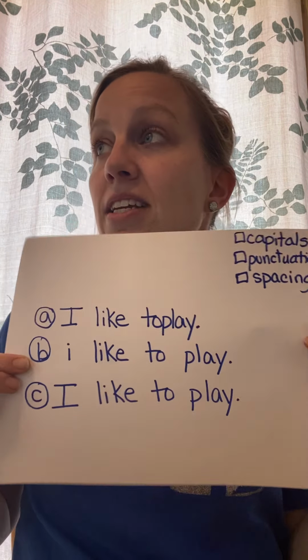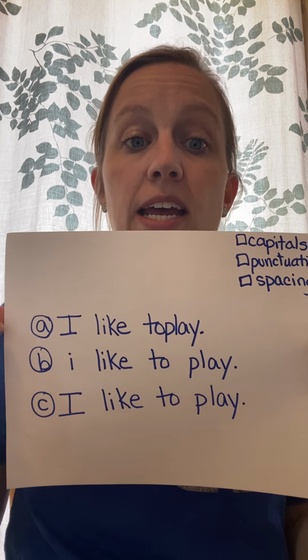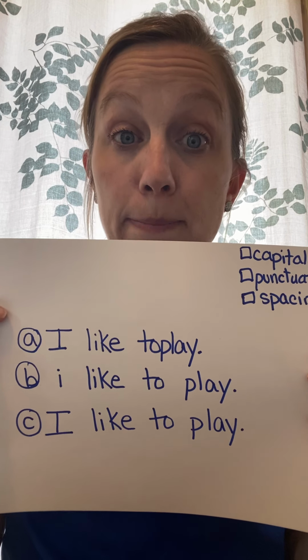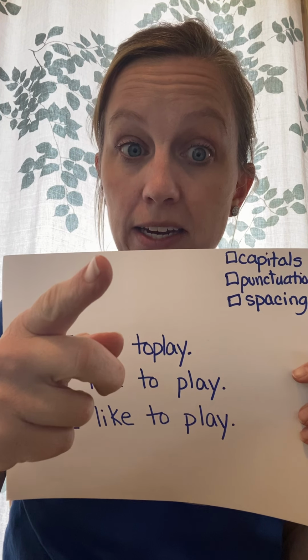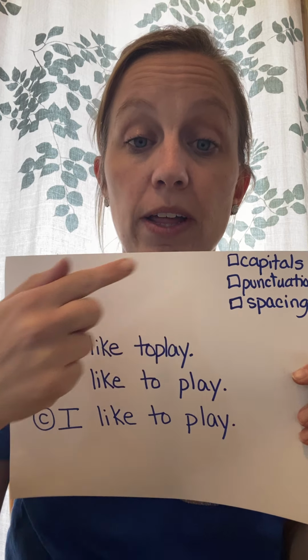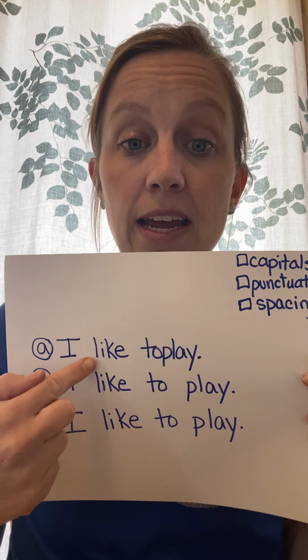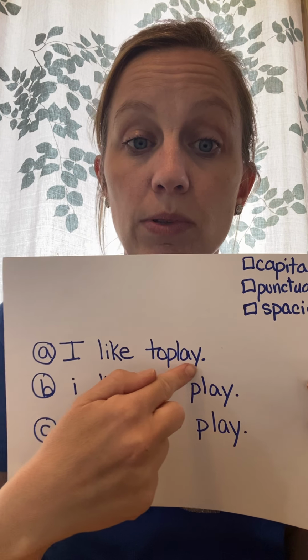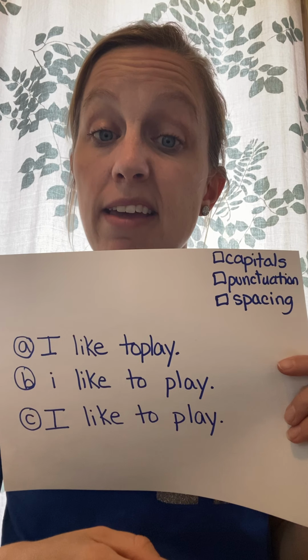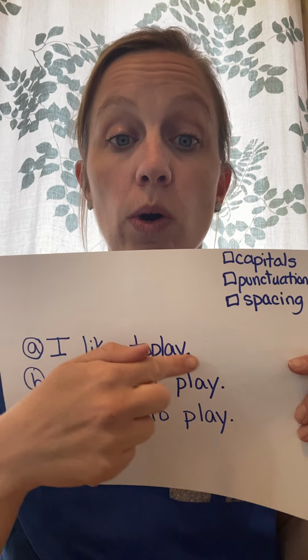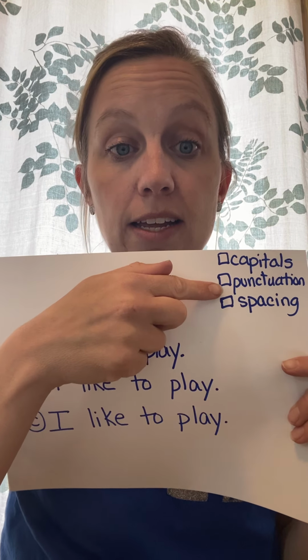All right, you're going to help me with this next one. I have the sentence, "I like to play." Now, you are going to clap your hands as soon as you see a mistake. First thing we're going to do is check for capital letters on the first one. I like to play. No capital mistakes there. Capitals at the beginning, nowhere else in the sentence. Check it.